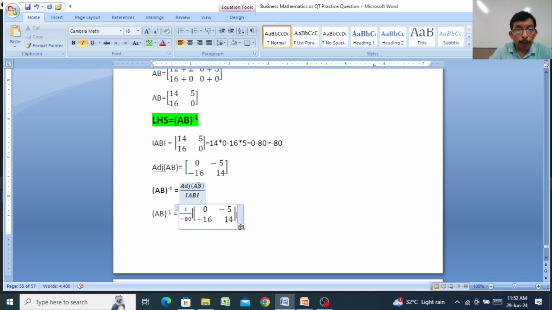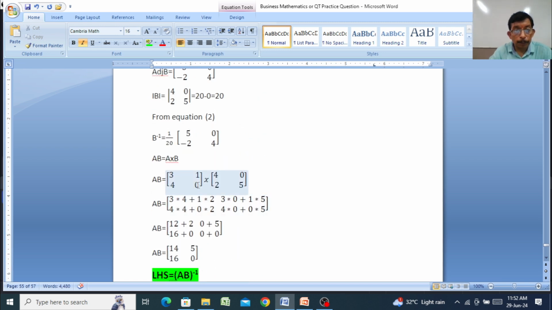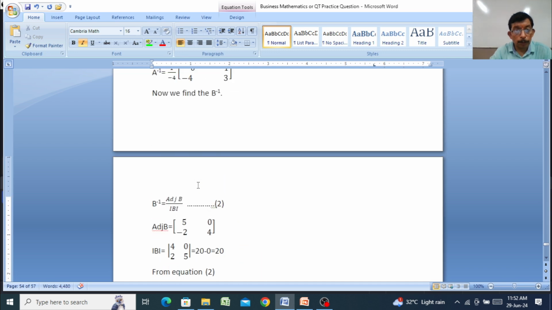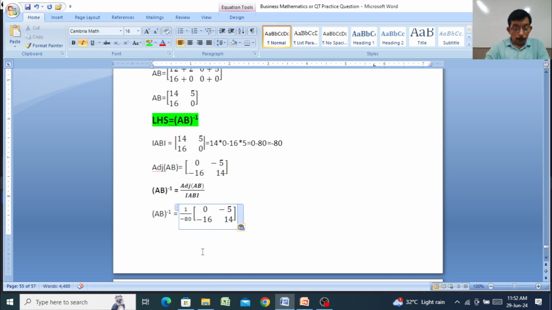Now this is the AB inverse. This is the LHS.